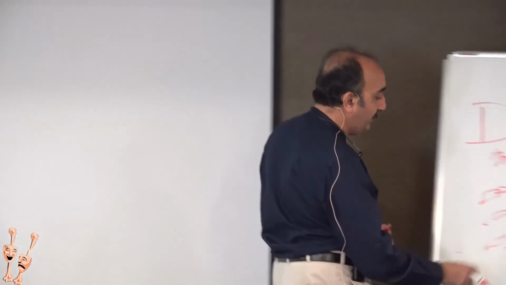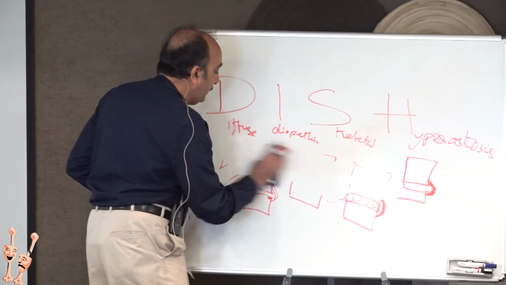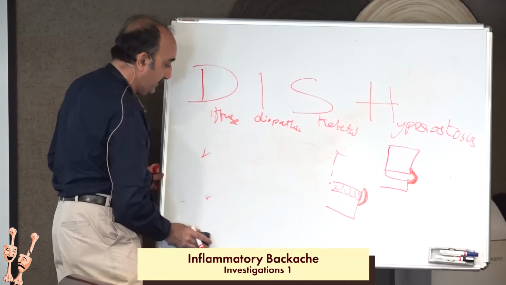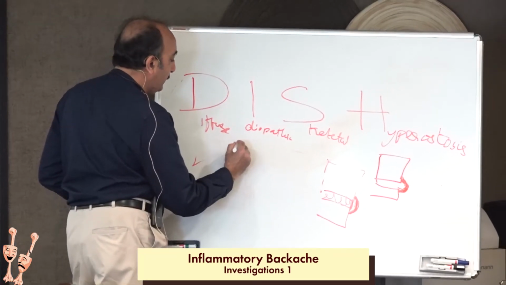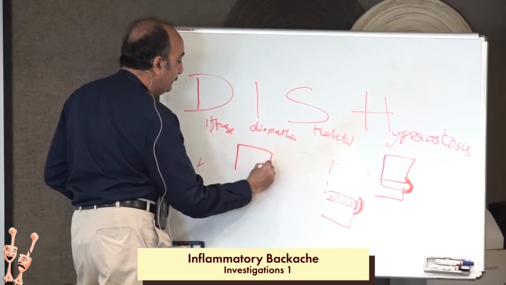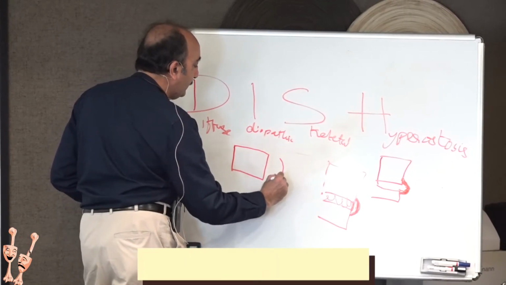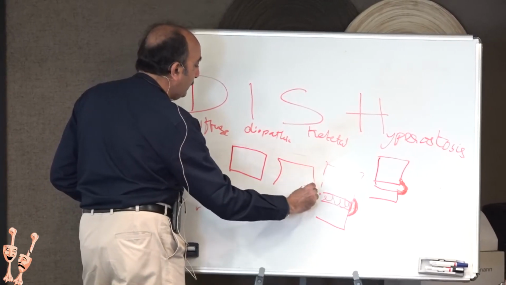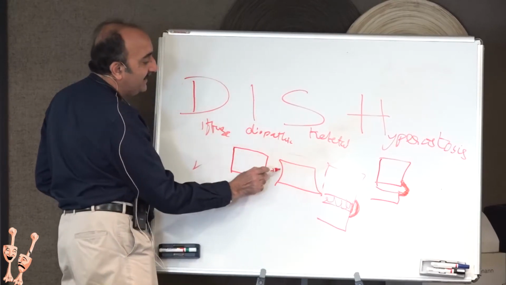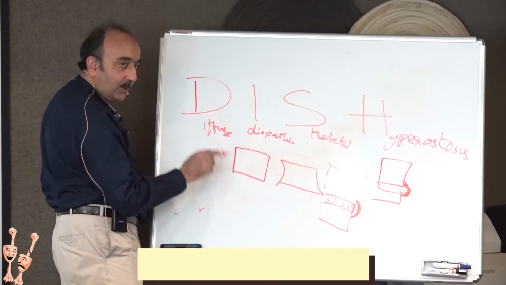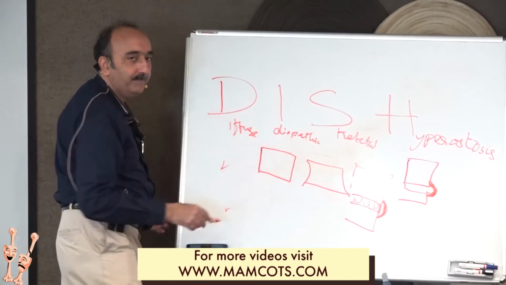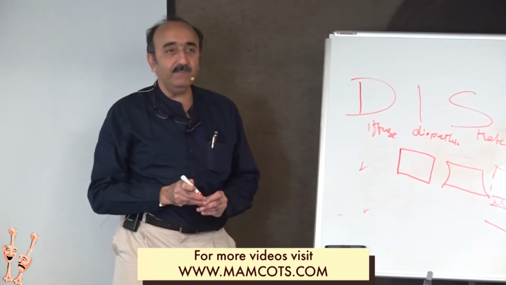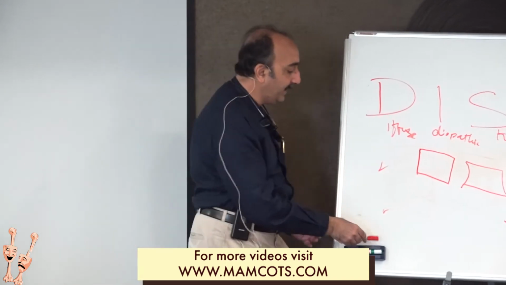Squaring of vertebrae on plain X-ray: normal vertebrae have this slight curvature, whereas squared vertebrae will be stiffer. So squaring of vertebrae is an early sign of ankylosing.